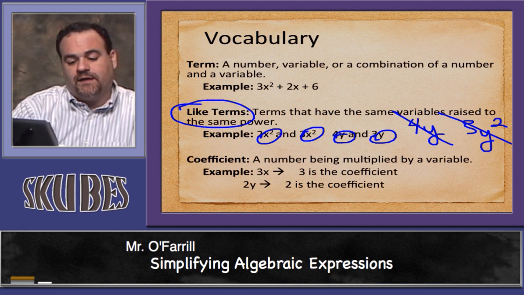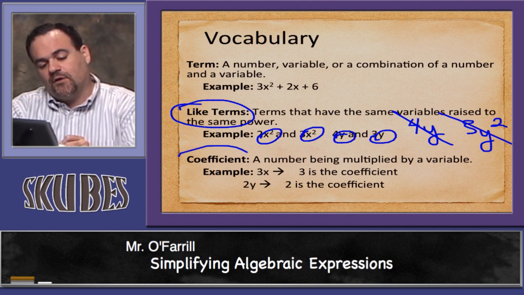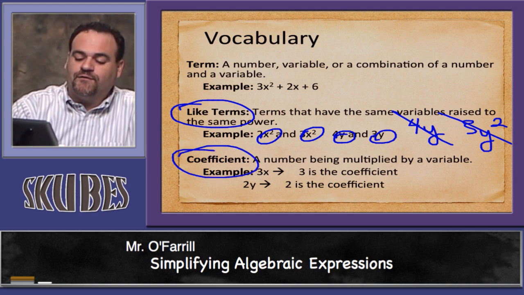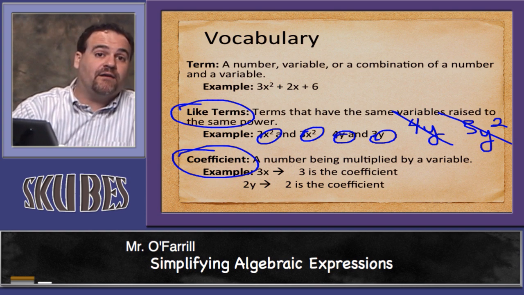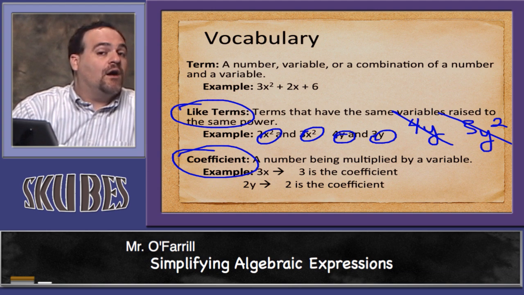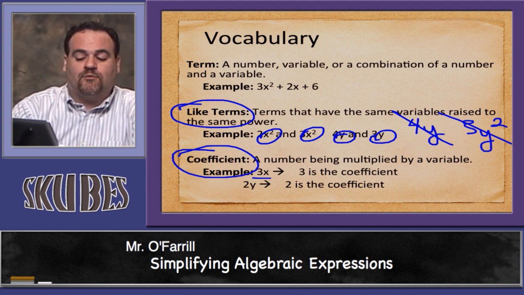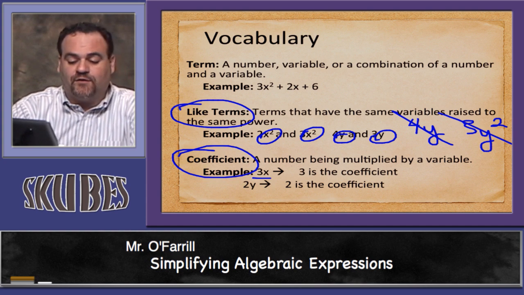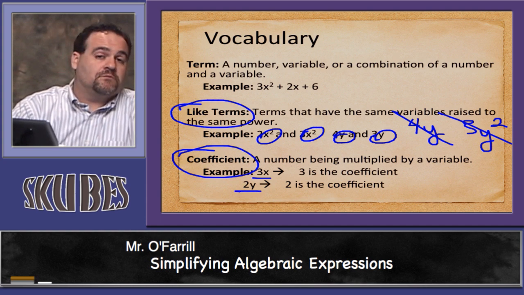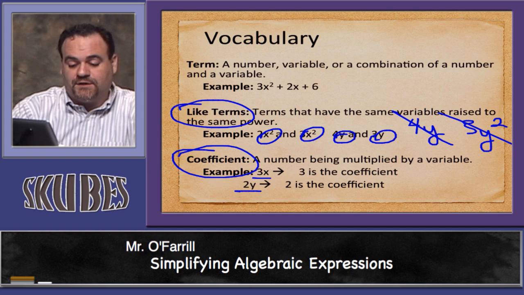And then the last word we're going to look at here is the term coefficient. A coefficient is a number being multiplied by a variable, or another way to look at it is it's the number in front of each term. Here we have 3x, where 3 is the coefficient. We have 2y, 2 is the coefficient.